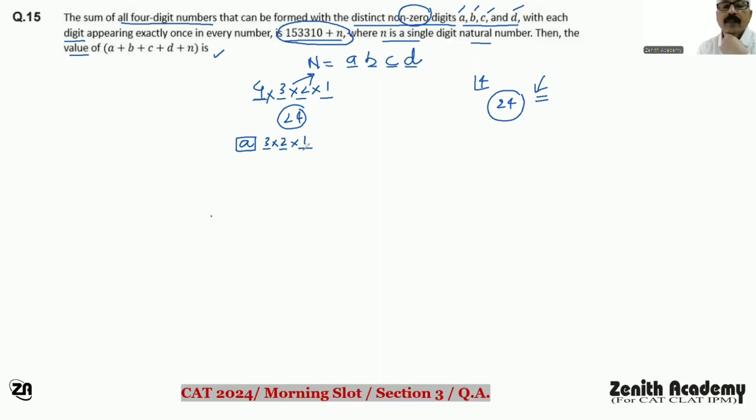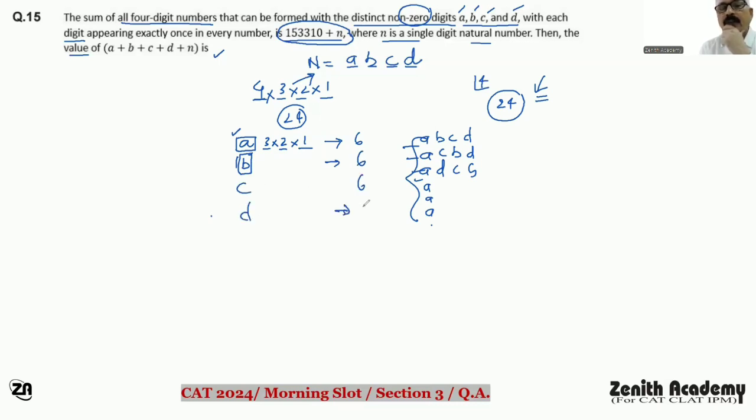It means if a number starts with A, then there are 6 numbers starting with A, like ABCD, ACBD, ADCB. This way there are 6 numbers that start with A. Similarly, if I take B here, then again 6 numbers, with C 6, with D 6. Okay, so these are 24 numbers.